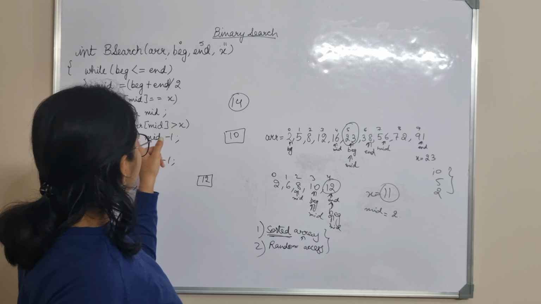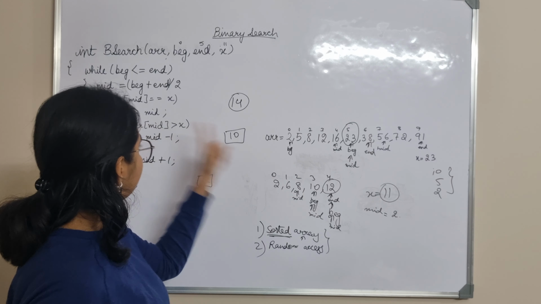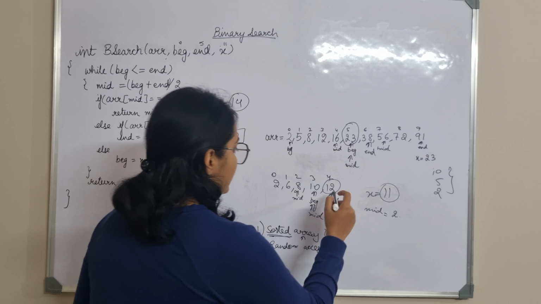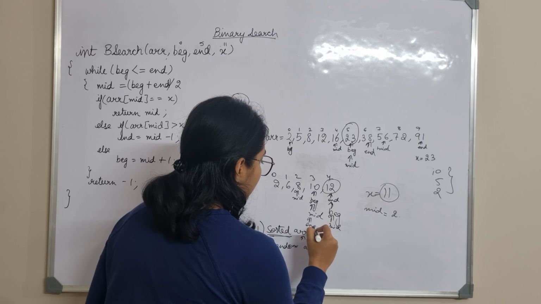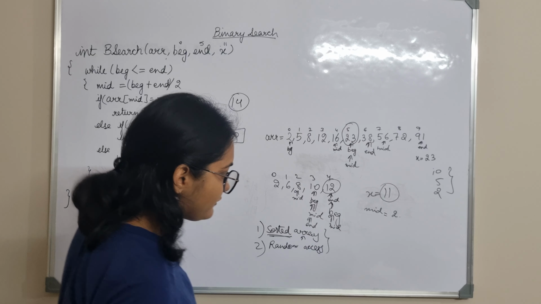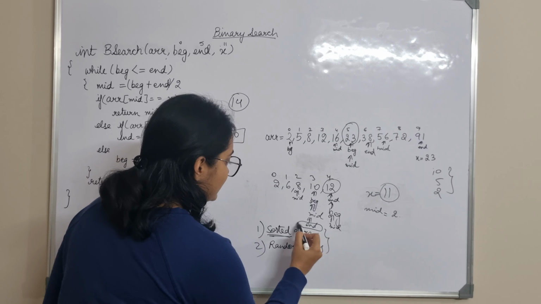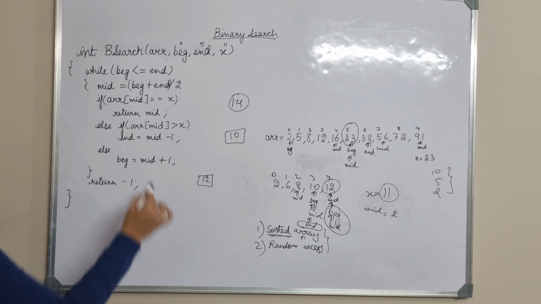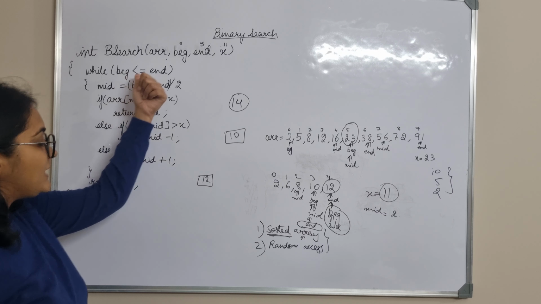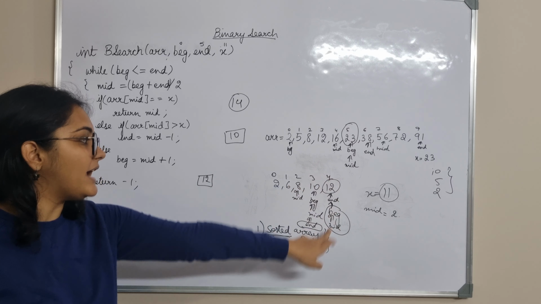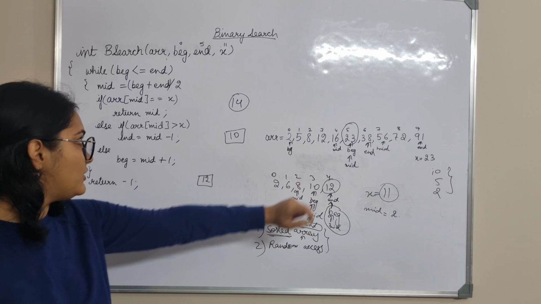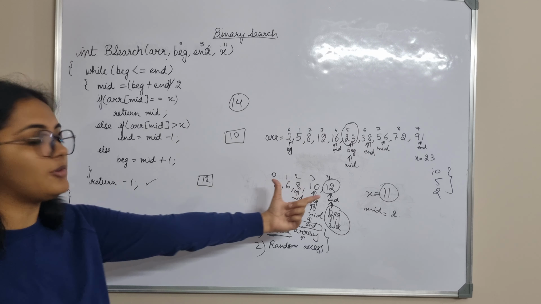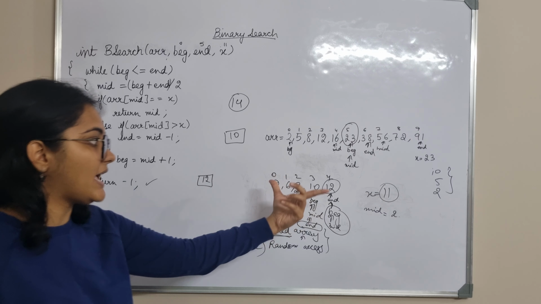So array of mid is greater than x, yes, so end is equal to mid minus 1, go to the left side. Now end is this. Okay, I know it's very confusing, but end is this at this point, beginning is this and mid is this. Now beginning is 4 and end is 3. 4 is not less than or equal to 3, so the loop exits and returns minus 1, which is right because it is not present in the array, right?